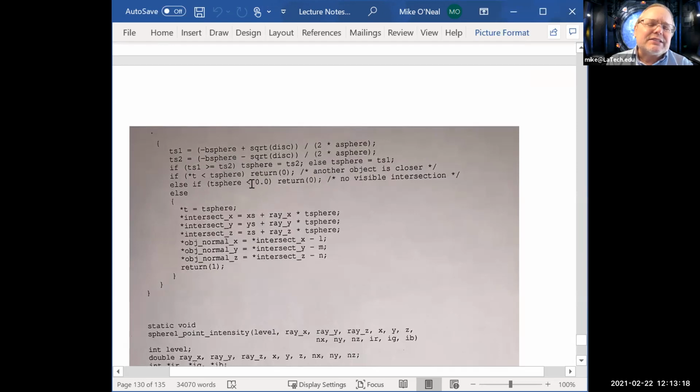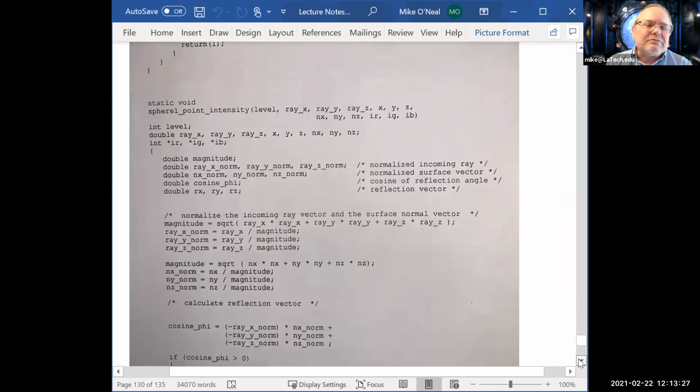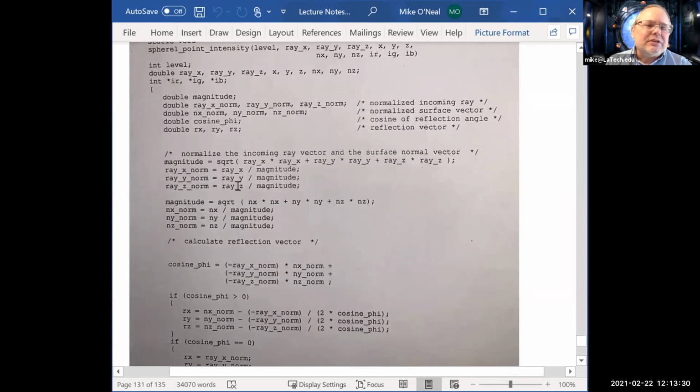But otherwise, again, if the T is less than 0, it intersected behind you. But otherwise, you calculate the intersection point. You then have to do an intensity calculation. Doesn't that look familiar?